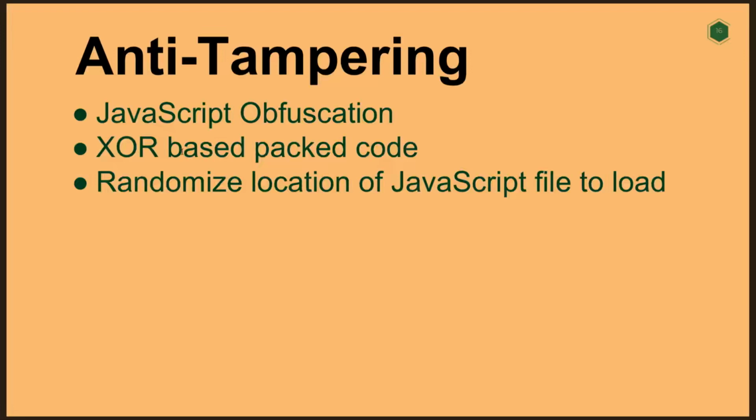I've seen obfuscation being implemented. There is an entire spectrum where some vendors don't really care at all, and other vendors implement really heavily obfuscated code. I've also seen malware-style packed code, where you send down some really packed JavaScript, and then you have an unpacking stub which unpacks the JavaScript and runs it.